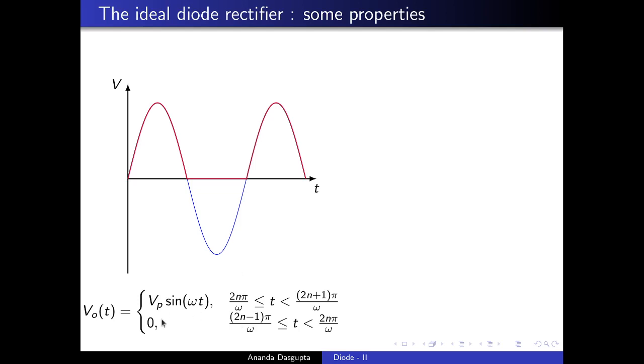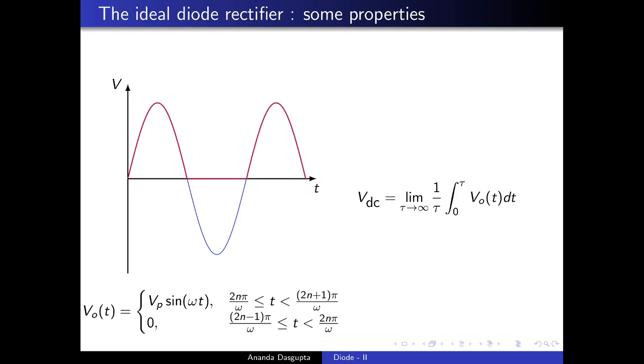So that's a mathematical expression for VO(t) when you have an ideal diode, which is a decent approximation for most real situations. Now in this case, the question could be, what would a voltmeter connected across the output really measure? If it were a very, very good voltmeter capable of responding very rapidly, it should actually show a voltage which keeps on changing with time.